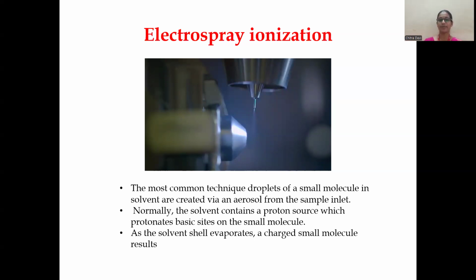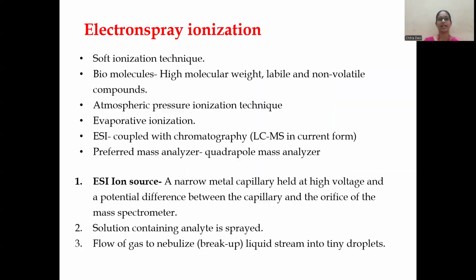The solvent contains a proton source which protonates the basic sites of the small molecule. Because of this electrospray, your sample will be produced as ions, and these ions will be accelerated and detected.